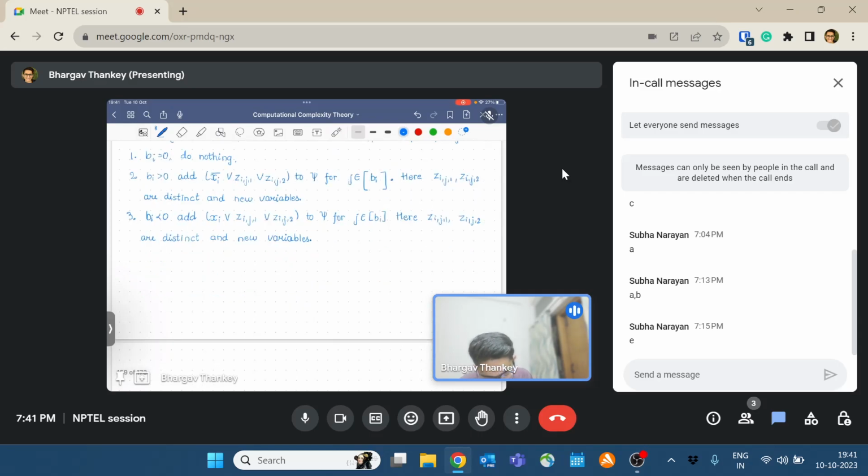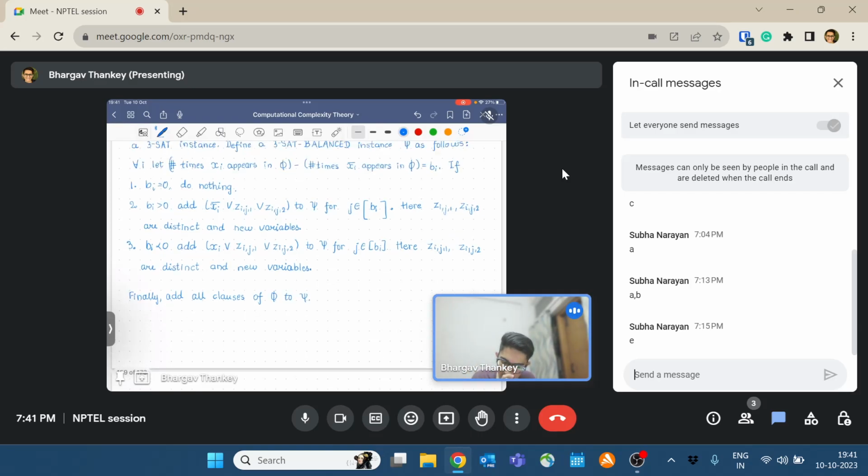And finally, after this is done, we also add these clauses of phi to psi. So now psi looks like phi along with an AND of a few clauses that look like this, right?